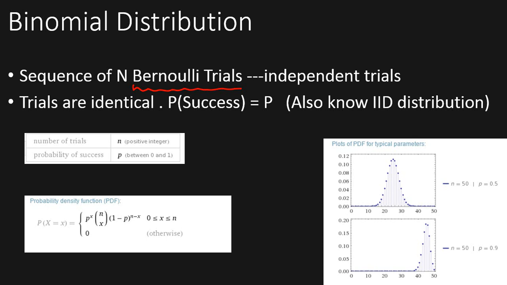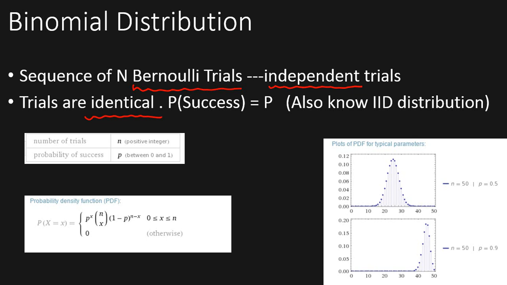So there are two conditions to be followed. First, the trials have to be independent. That's the first condition, and it has to be met. The second condition which has to be met is that the distribution has to be identical. That's another important assumption.